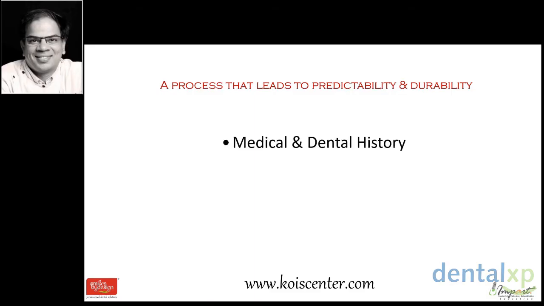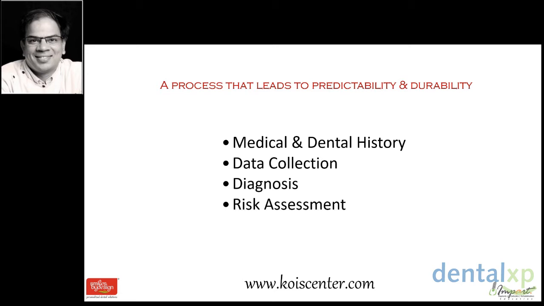So our process basically requires us to take a medical and a dental history. We do a data collection. We do a thorough diagnosis, and then based on that diagnosis, we chalk out a risk assessment and see where the risk assessment lies at the patient's charting. And we then look at the treatment concepts, which I'll elaborate as we discuss the cases.